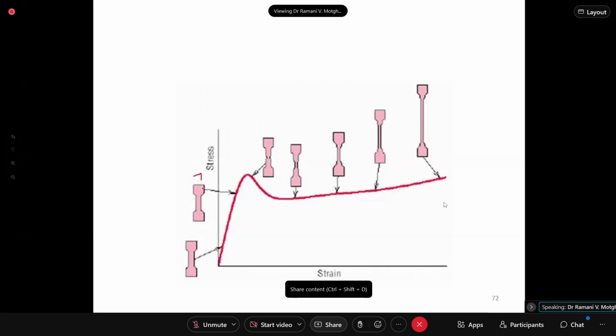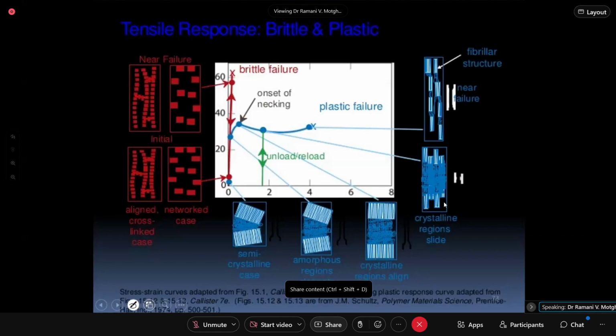A little elongation is there because it is moving from here to here, and from here it starts becoming thin, thin, and thin, and further it goes on elongating. The thinner part goes on elongating. You can see the length of this thinner part. Here is the maximum, and at this point it will break from here. Okay, tensile response, brittle and plastic.